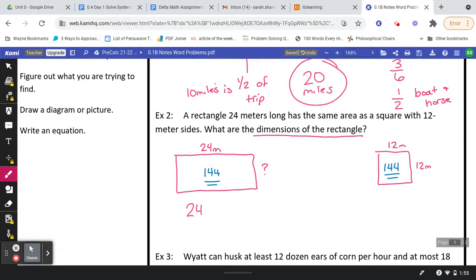That's going to be a division problem. 144 divided by 24 would give me 6. So the dimensions of the rectangle are 24 meters by 6 meters.